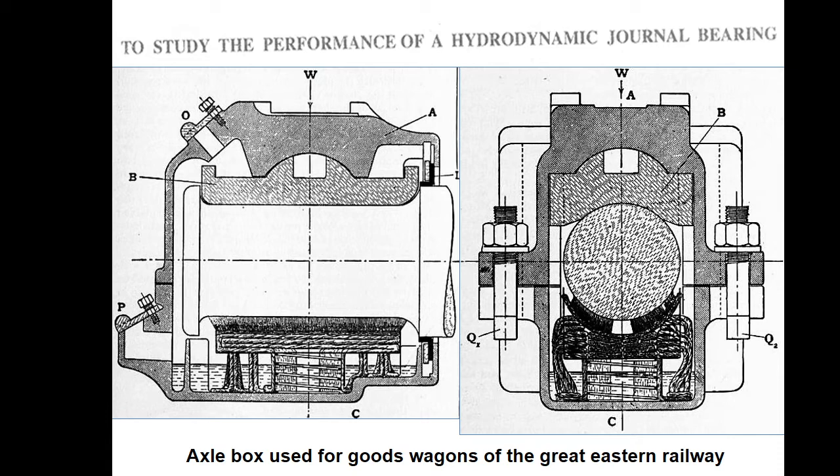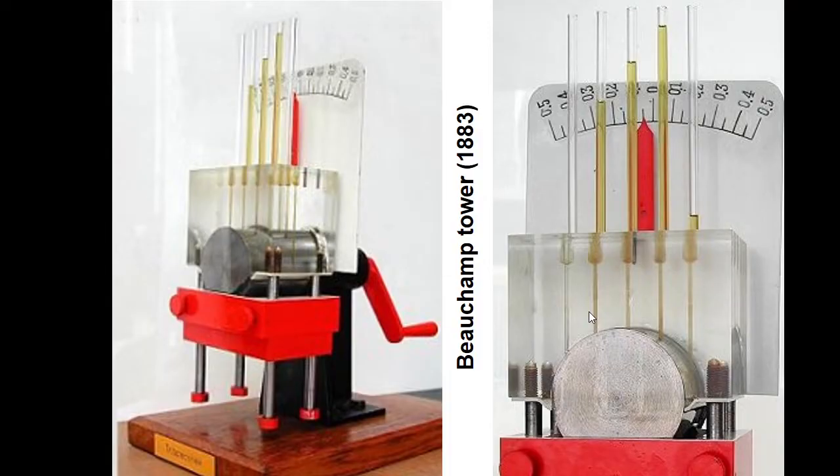And so railway is the major transport mechanism there. And at that time material science was not that much improved. So that is why there was much importance on this bearing, to reduce the friction coefficient of the bearings, to increase the life of the bearings. So that was the time when Beauchamp Tower was carrying out the experiment.